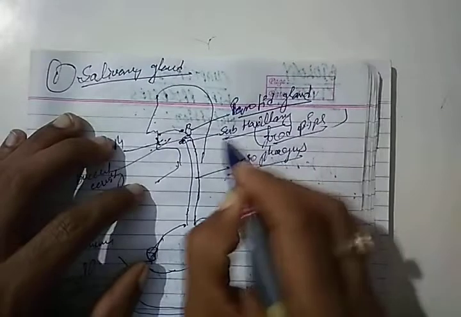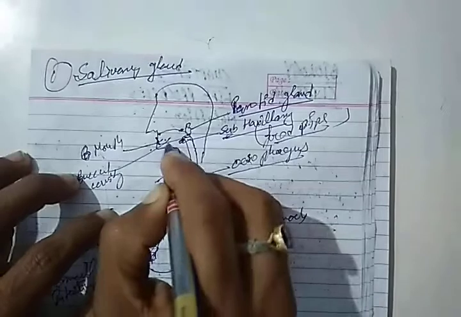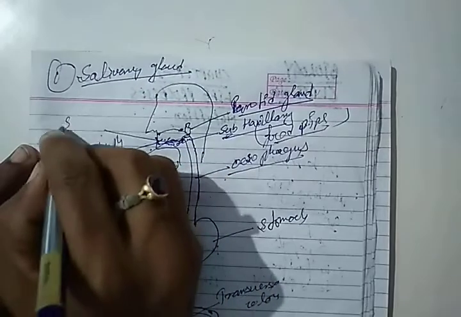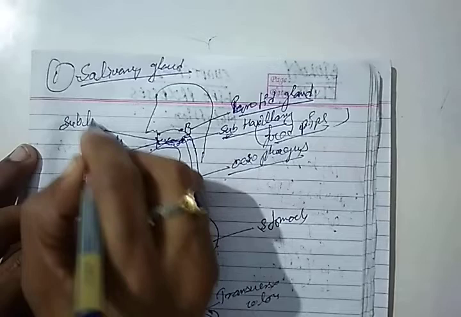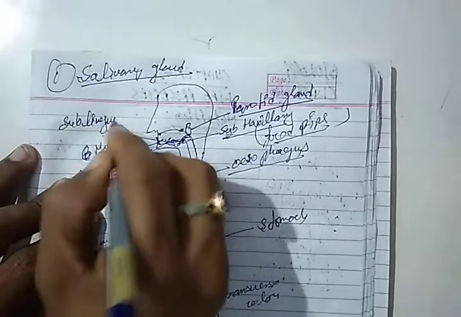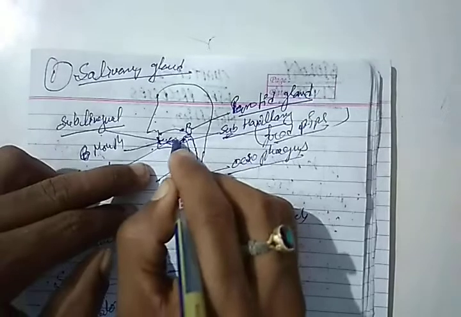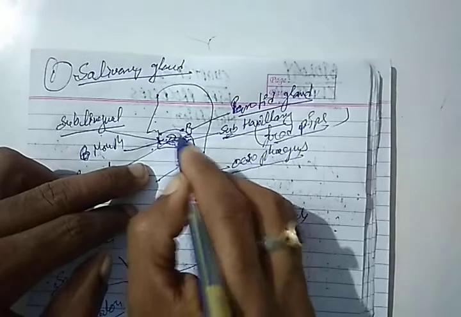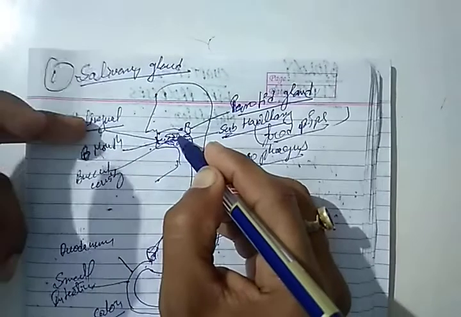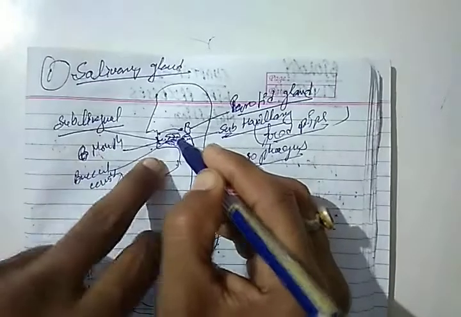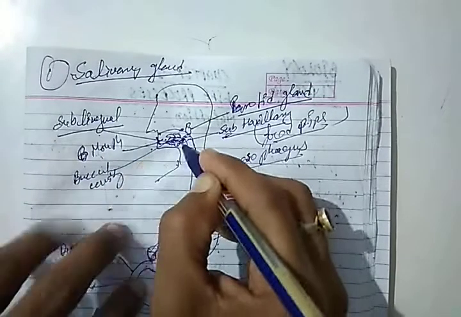Last, third is sublingual. The sublingual gland is situated just beneath your tongue. Suppose here is your tongue, so the sublingual salivary gland is present just beneath your tongue.